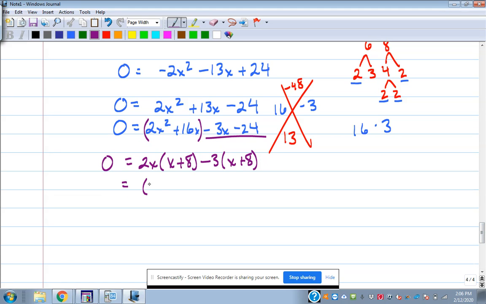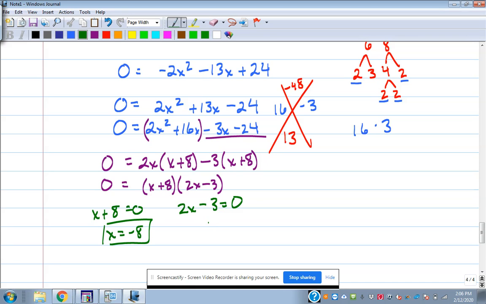We get x plus 8 and 2x minus 3 as our factors. Set those equal to 0. I'll turn it around so it's normal looking now with the 0 on the right. Negative 8. And try again. 3 over 2.